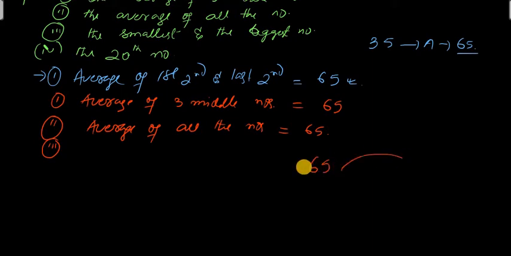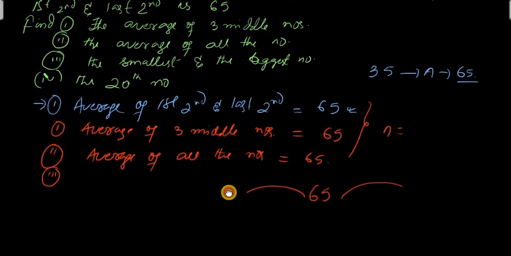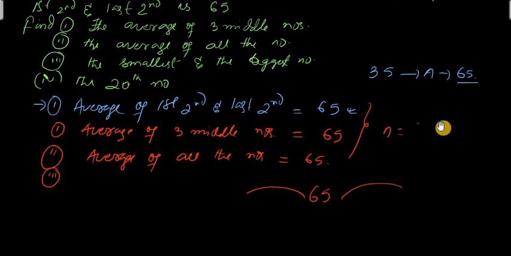The quantity n is equal to 35, consecutive natural numbers, so n is odd here.